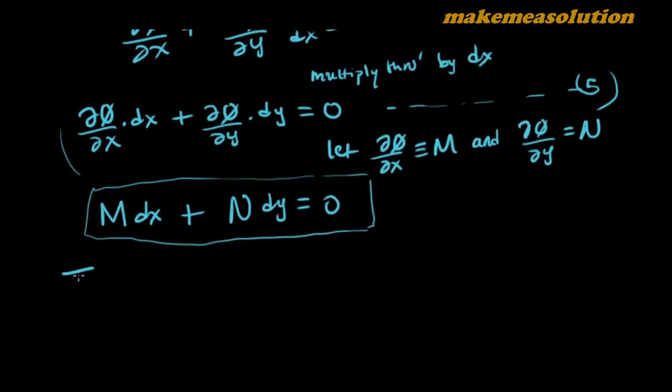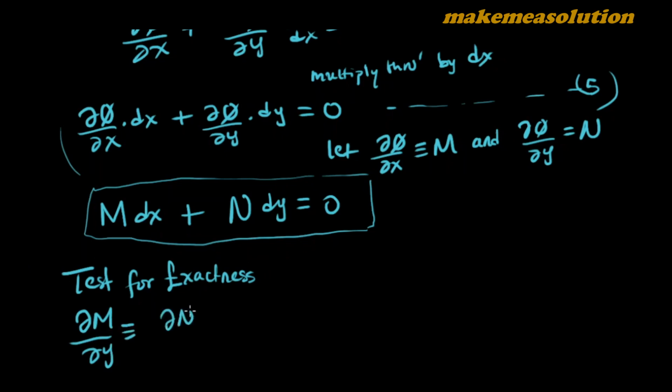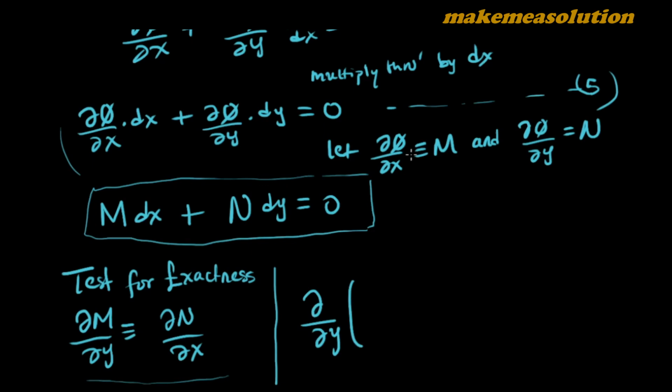The test for exactness is that the partial derivative of M with respect to y should equal the partial derivative of N with respect to x. If I am to break down what this means, the partial derivative of M with respect to y, remember what M is initially.